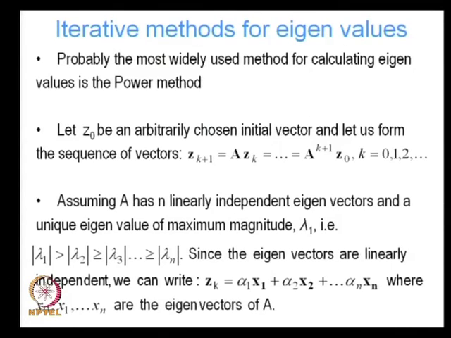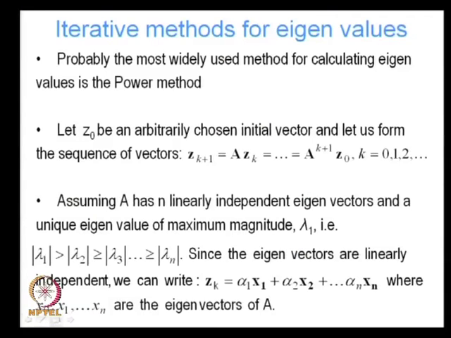Now, let us assume that A has n linearly independent eigenvectors and a unique eigenvalue of maximum amplitude, lambda 1. So, A is a non-singular matrix, it has linearly independent eigenvectors, and it has eigenvalues such that the largest eigenvalue is unique, that there are no other eigenvalues which are equal to lambda 1.